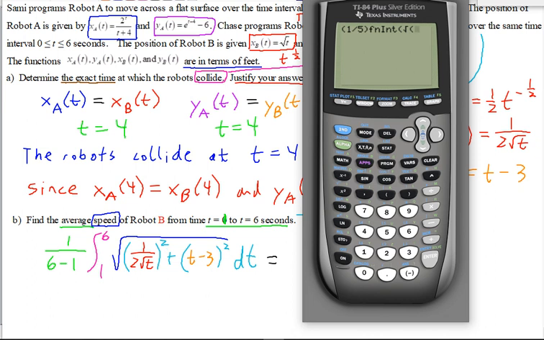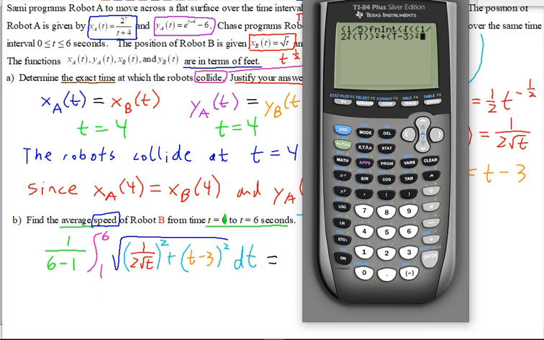And we've got this squared, so another open parentheses, 1 divided by 2 times the square root of t, and then close parentheses squared, and then plus open parentheses t minus 3 close parentheses squared.